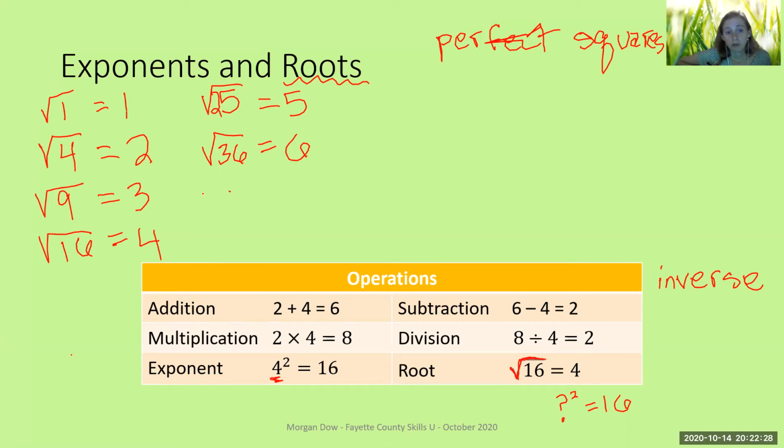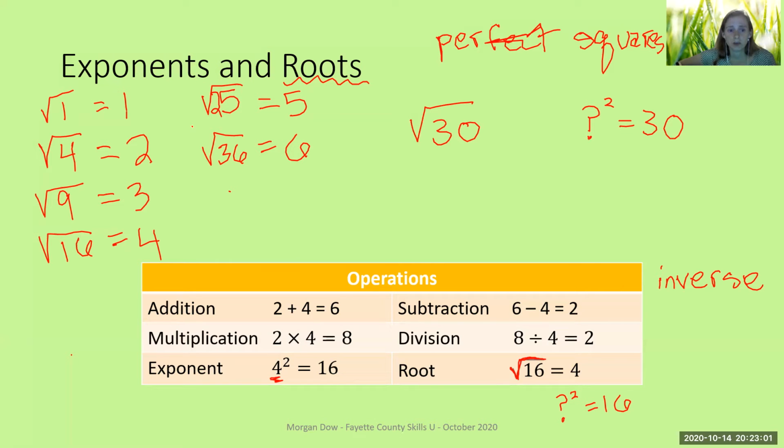But what about numbers that aren't perfect squares? So let's say we wanted to know the square root of 30. Well, you would ask yourself, what number squared equals 30? Well, 5 squared is 25. 6 squared is 36. So it seems like it's going to end up being somewhere in between there, right?